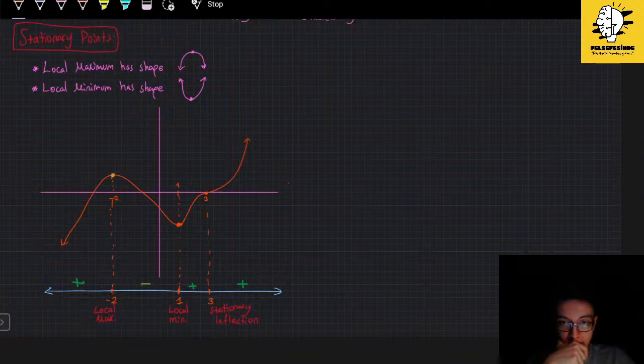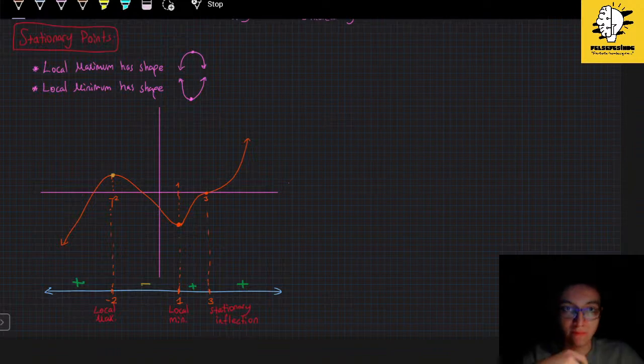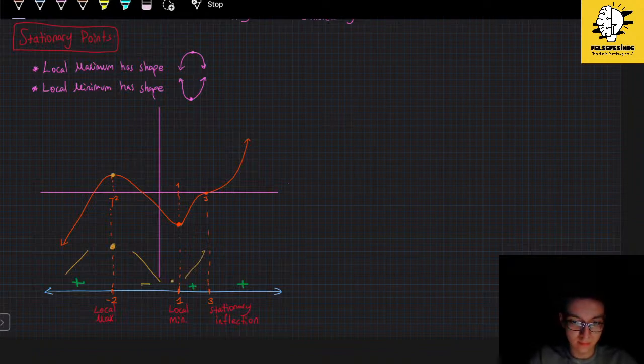But also, when x is equal to or greater than 3, it is also positive. So what you can see, we have -2 here, and when it is increasing and then decreasing, we have a maximum point here. And when it is decreasing and then increasing, we have a local minimum point.